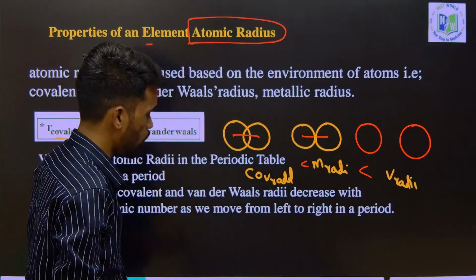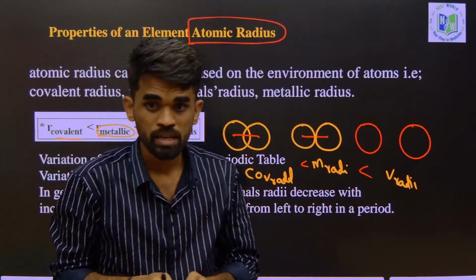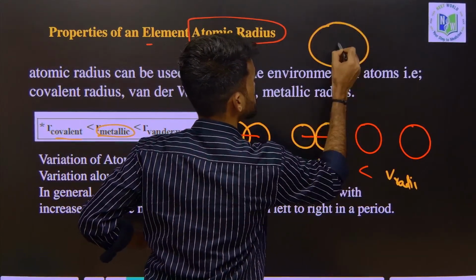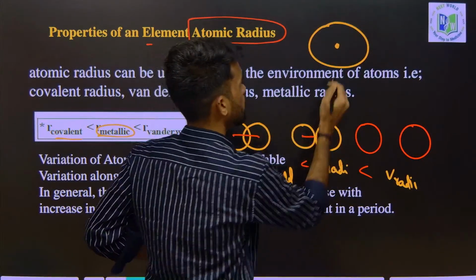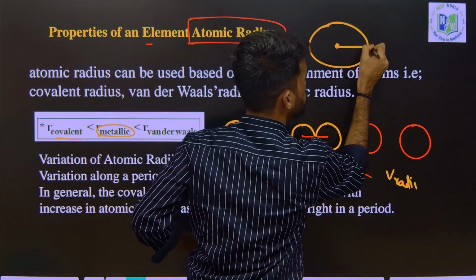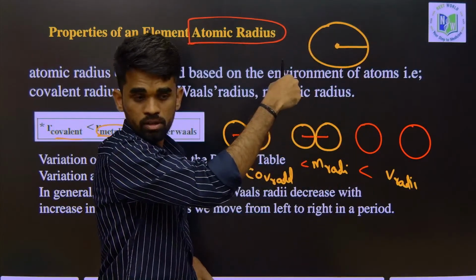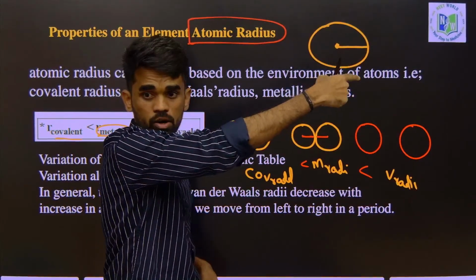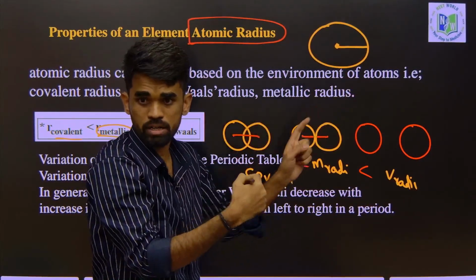Okay. So now what exactly the radius means? It is the distance. For example, if this is an atom, this is a nucleus, let us say, okay. The distance between the center, that is nucleus, to the outermost shell of that particular atom, or the highest electron cloud of that particular atom is called what?